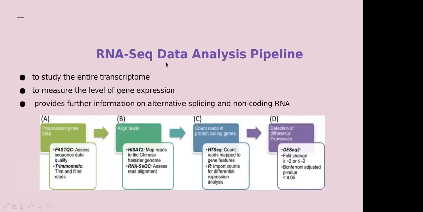So the RNA-seq data analysis pipeline. I'm talking about only the RNA-seq data analysis pipeline, but ChIP-seq and de novo assembly all follow the general pattern. First there is processing of the raw data, then you have to align the reads, then we have to see the counts in the reads, and then we have to see the difference in the expression level.